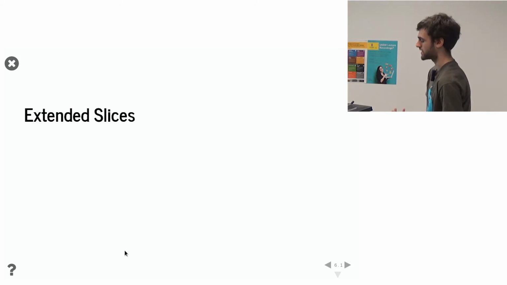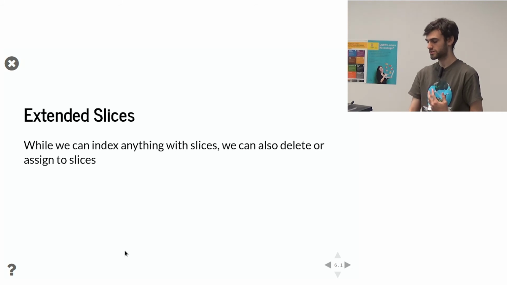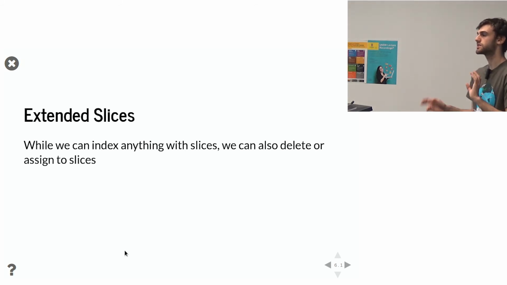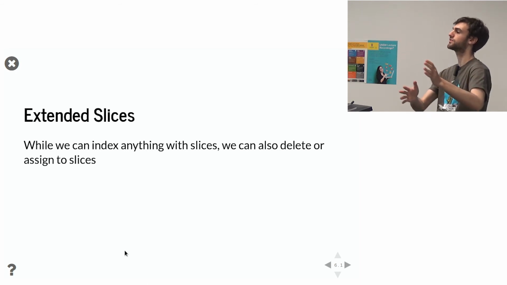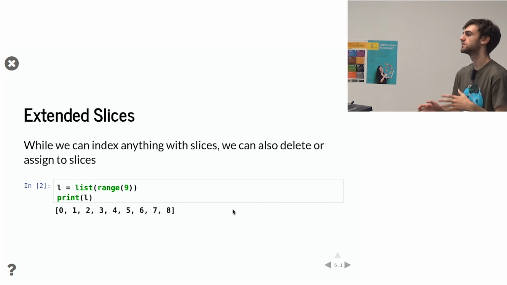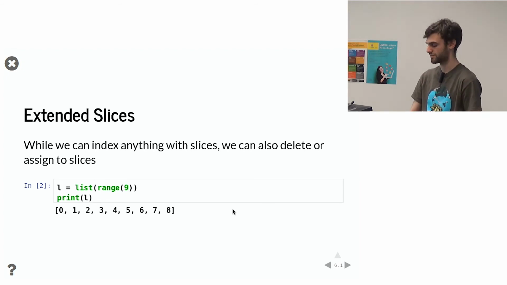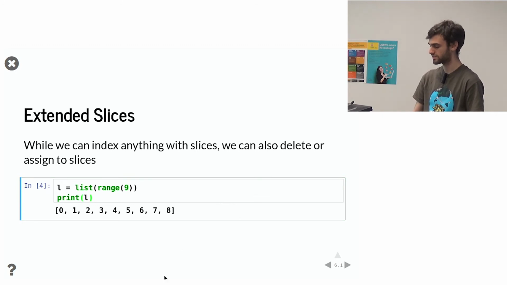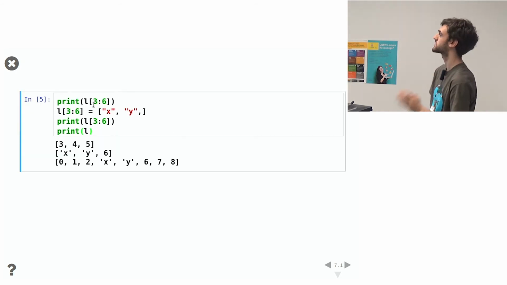Some really nice feature that is rarely used is something called extended slices. So you know how we can index lists and strings with slices and say I want the 3rd to the 6th element? What you can also do is delete certain parts of lists with slices or even assign to them. So we have a normal list here. And what we can do is say, okay, I want to print the elements from 3 to 6. So we've got elements 3 to 6.